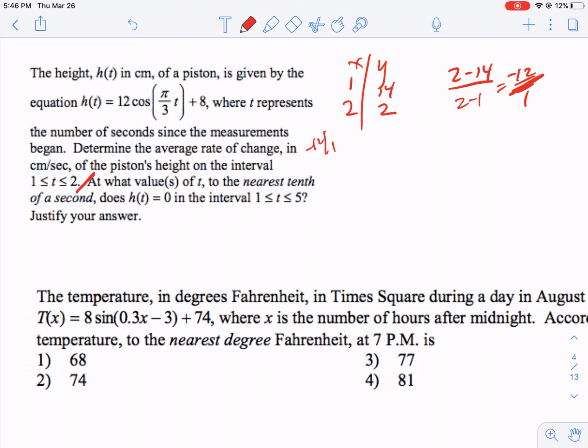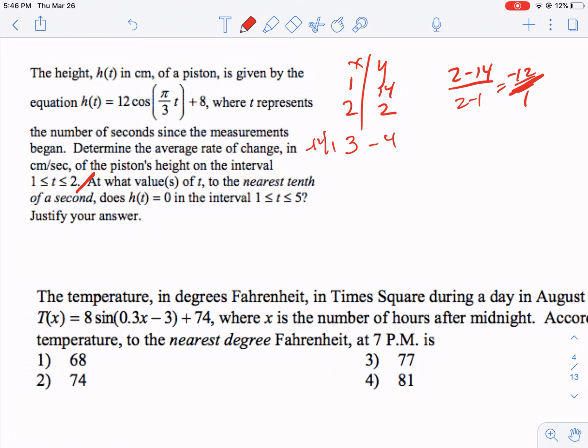So we have this on the calculator. Now if I hit graph, I can see where this graph crosses 0.